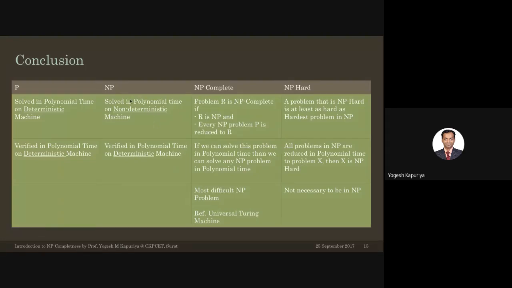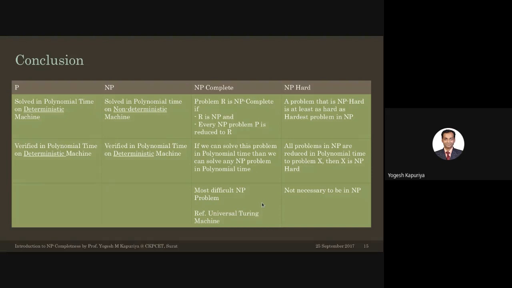You have the solution, but in that case you don't have polynomial time. It will take infinite time to solve. Practically, when you say it takes infinite time to solve, it means that it is unsolved. However, it can be verified in polynomial time on a deterministic machine. So that class of problems is called NP problems.